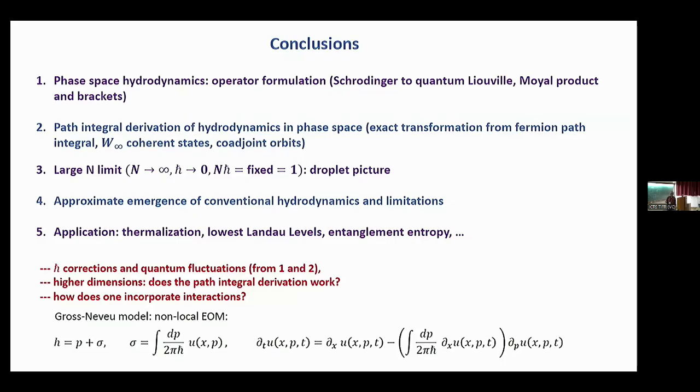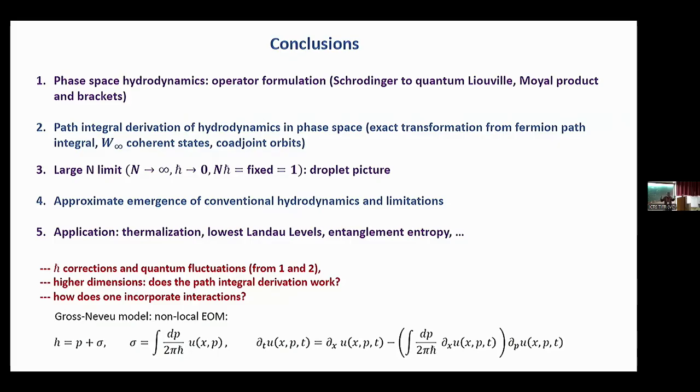So some open questions: h-bar corrections and quantum fluctuations from both the operator formulation as well as the path integral. Higher dimensions: does the path integral derivation work? You saw in Son's lectures in a talk that there is a similar action principle we can write down.